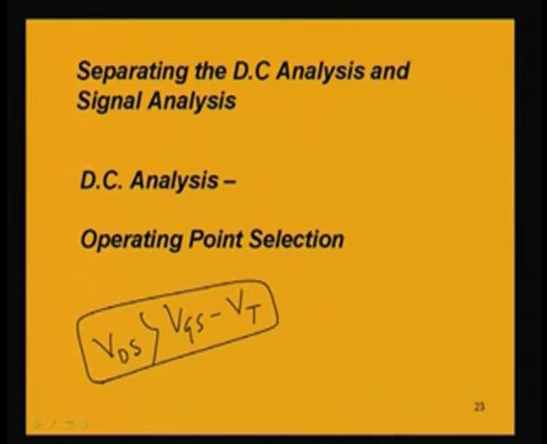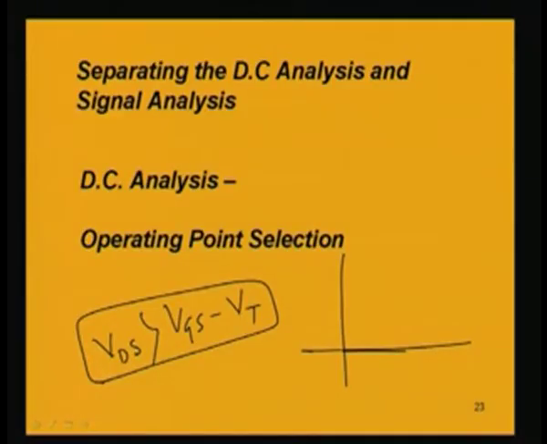Now, we can see that in order to satisfy this condition, your operating point must be located properly, because if it is not located properly, either towards the upper end or towards the lower end, that means if it is too near the cutoff, like this, if the transfer characteristic is say like this, and we are having an operating point which is not properly selected like the middle way, say here or above, then what will happen? It will be difficult to maintain this condition.